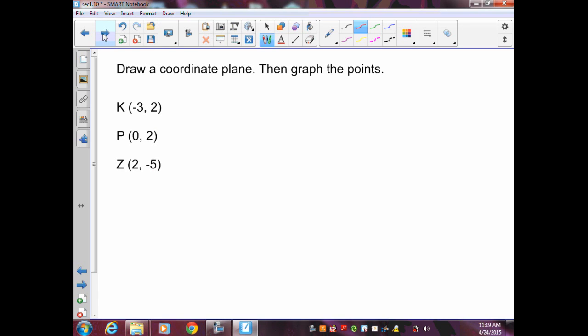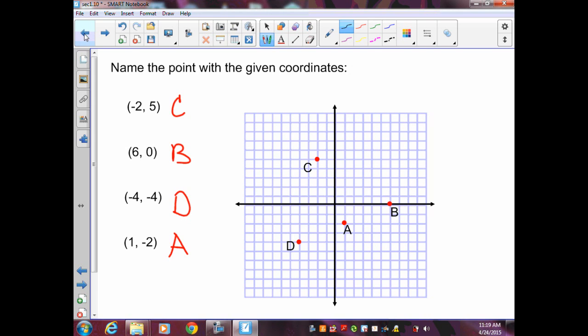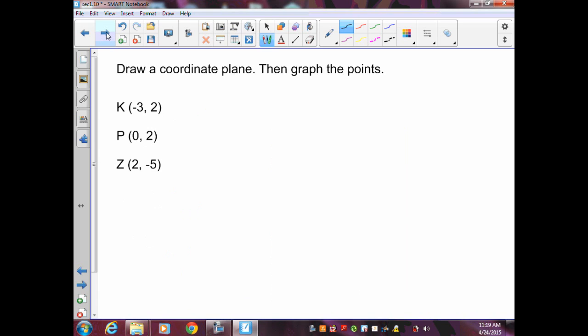Now what we want to do is to draw a coordinate plane, then graph the points. At this point, you've seen me graph them on a grid that has been already defined for you, and you won't have that available with you. If you need, I can get graph paper to you, but you still have to draw the coordinate plane. To do that, all we're going to do is draw a y-axis and an x-axis.